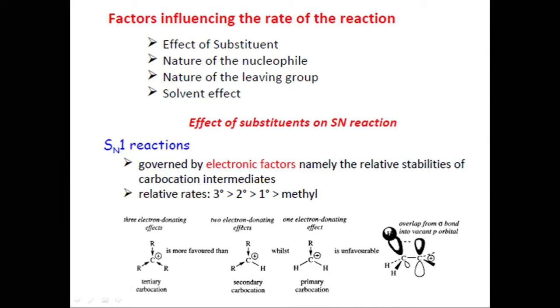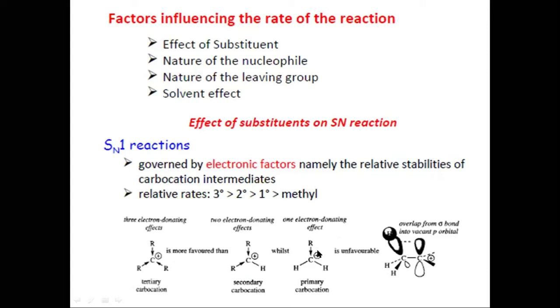Next, the electron donating effects can be noticed in a secondary carbocation. In a secondary carbocation, the carbon carries two R groups, and the plus I effect is induced by those two R groups. This stability is less compared to the tertiary carbocation.